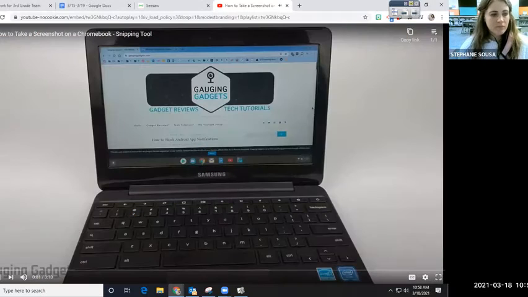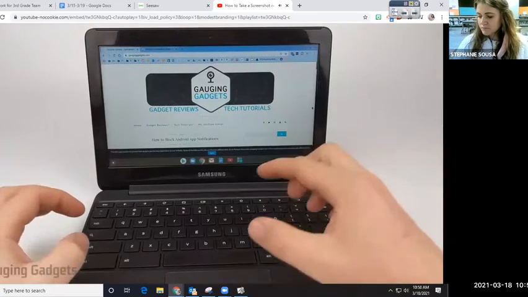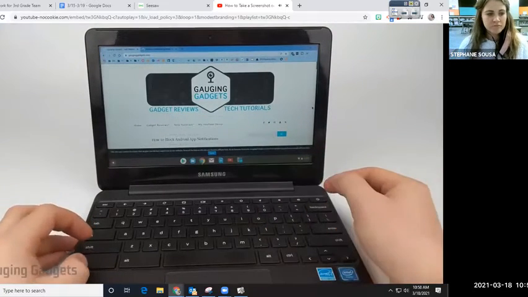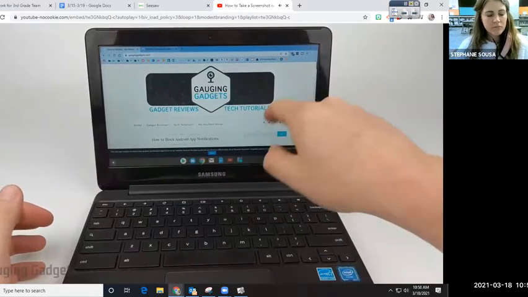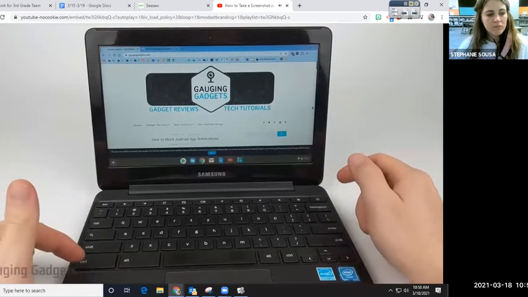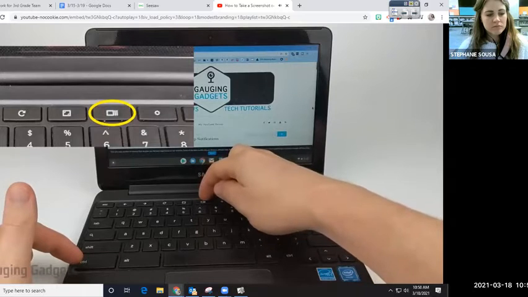Hey guys, welcome to another Gauging Gadgets Chromebook tutorial video. In this video, I'm going to show you 3 different ways to take a screenshot or screen print on your Chromebook. So this includes a snippy tool that will allow you to select areas of the screen and then save those as images. So the first 2 ways are going to be using keyboard key combinations. So to take a full screenshot of everything on your Chromebook screen, what you want to do is hold down the control button and then this button right here that looks like a rectangle with 2 vertical lines to the right of it.